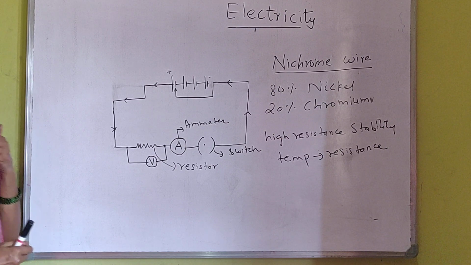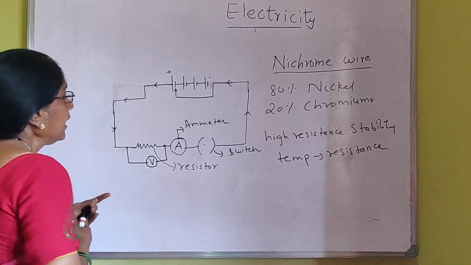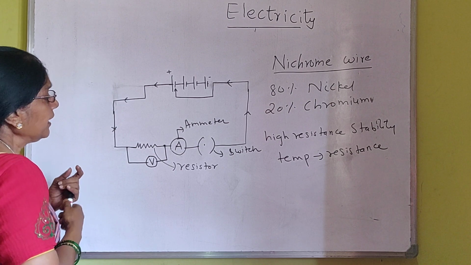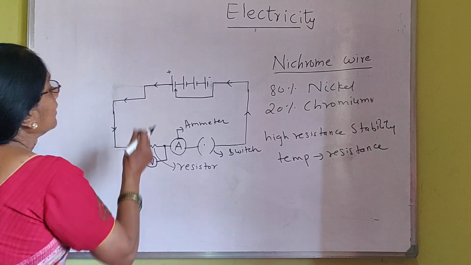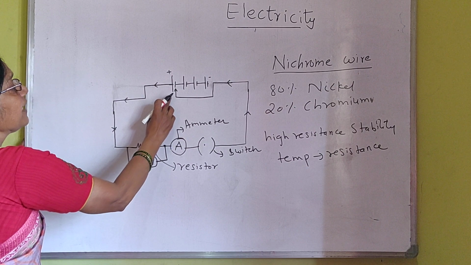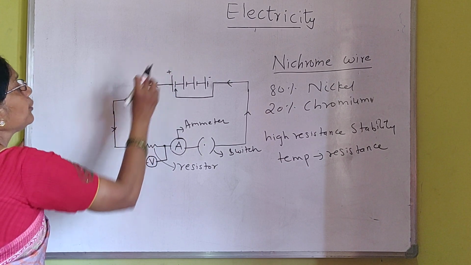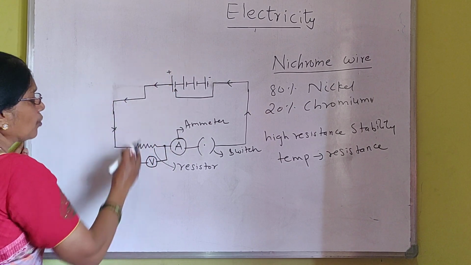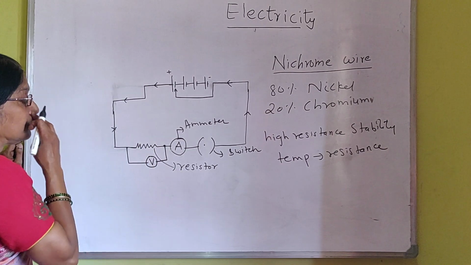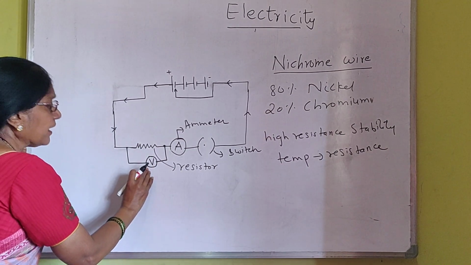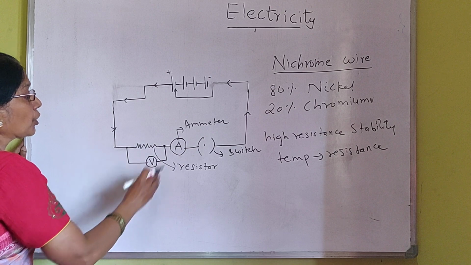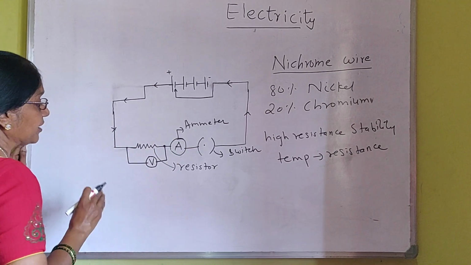How did he start the experiment? He took the connection and connected it with the first battery, which has 2 volts. Then he saw what the volt was in the voltmeter and what the current was in the ammeter.